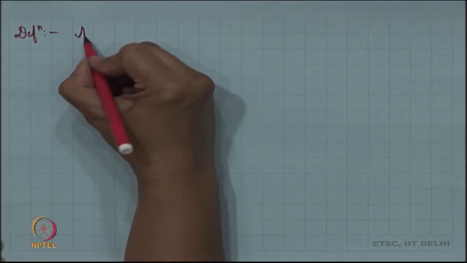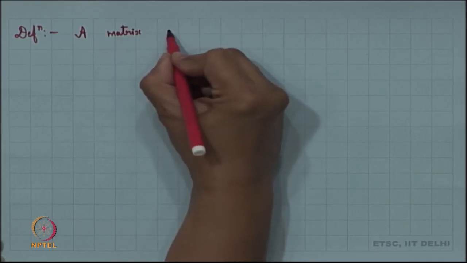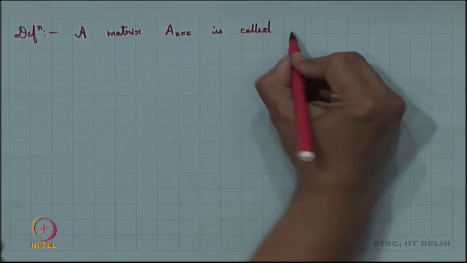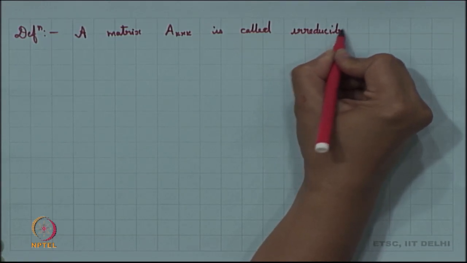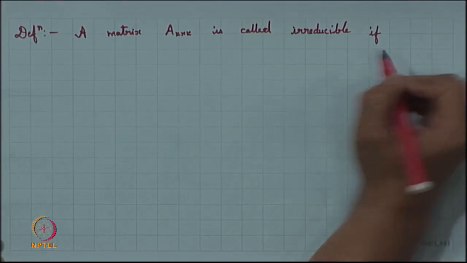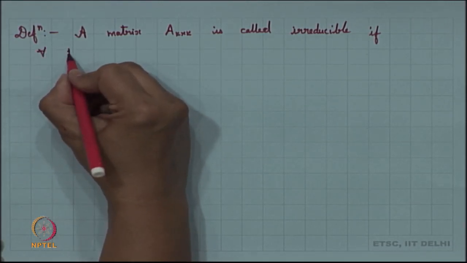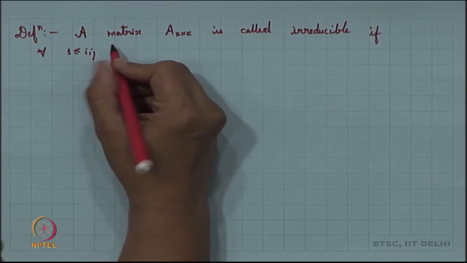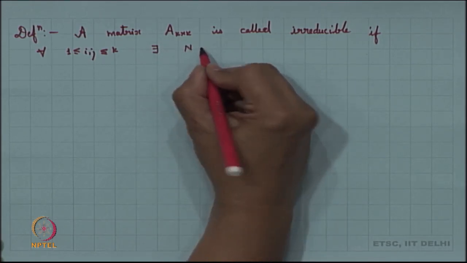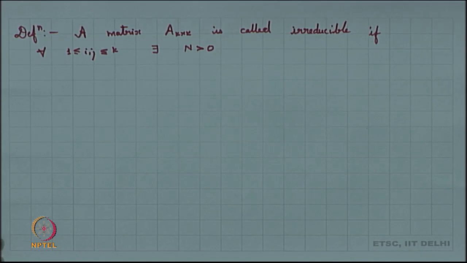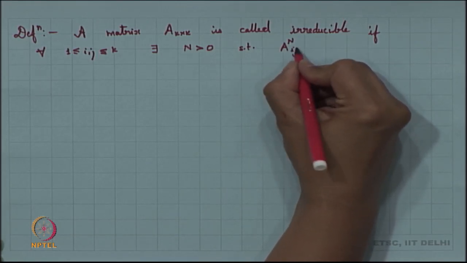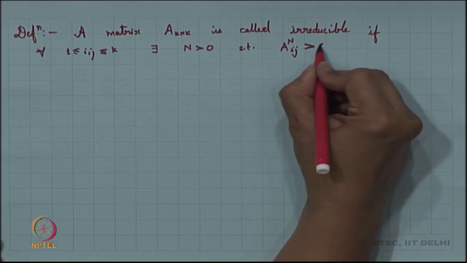So, a matrix, say let me take again a k cross k matrix, is called irreducible if for every pair i and j less than or equal to k, there exists some n, a natural number, such that if I take A to the power n and then take its ijth entry, this would be positive.